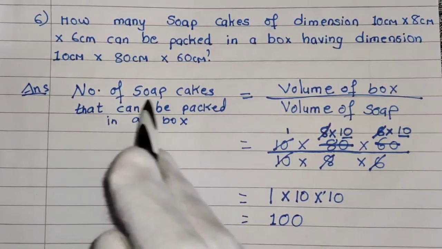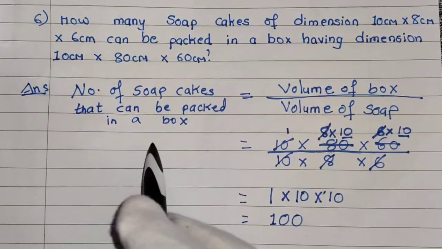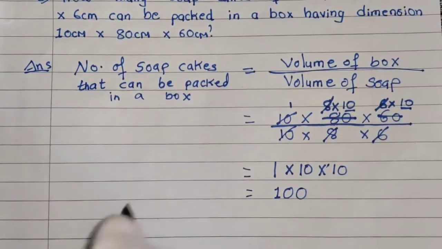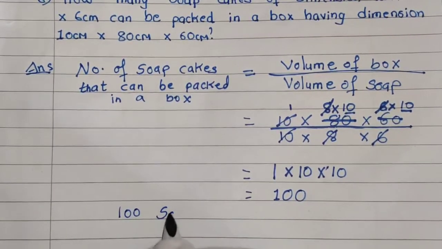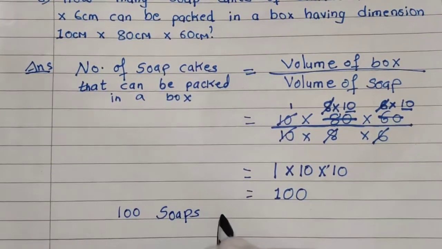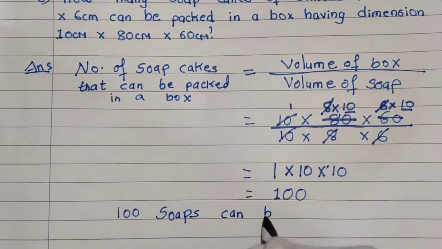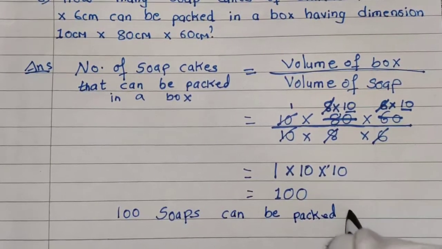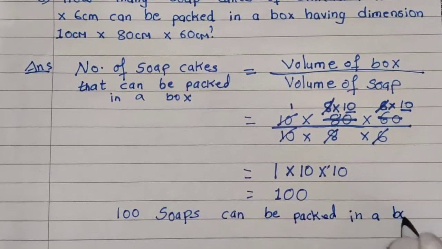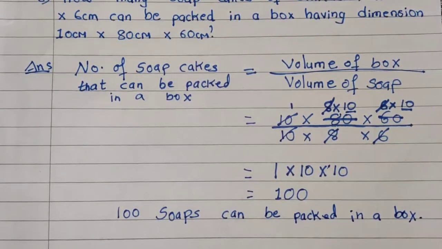So, how many numbers of soap cakes can be packed in a box? So, we are going to write the concluded answer. 100 soaps can be packed in a box. Okay student, I hope you have understood the whole sum very well.